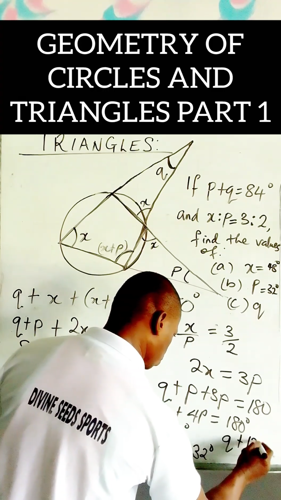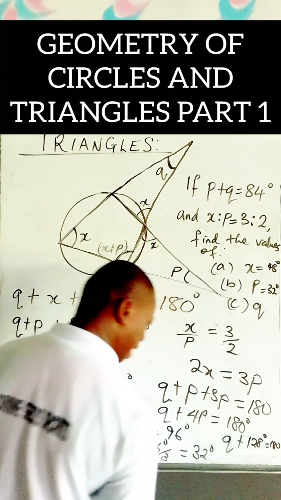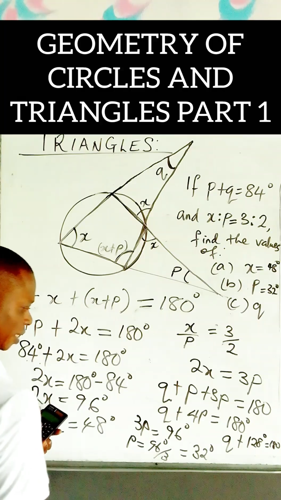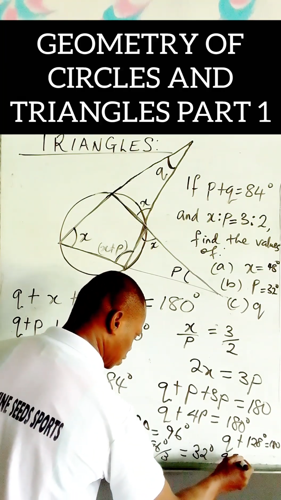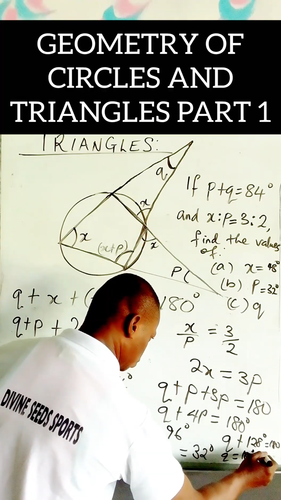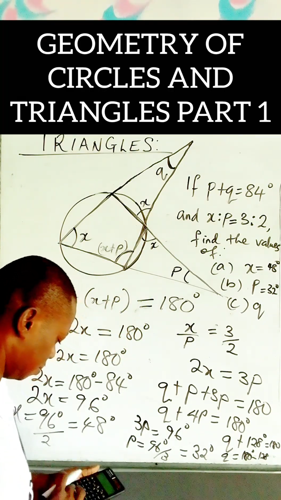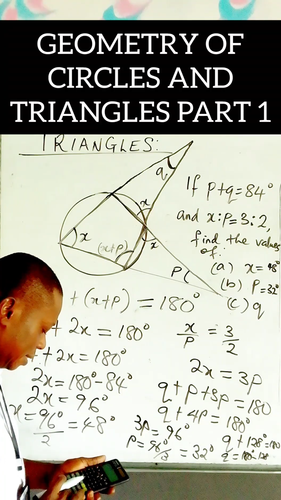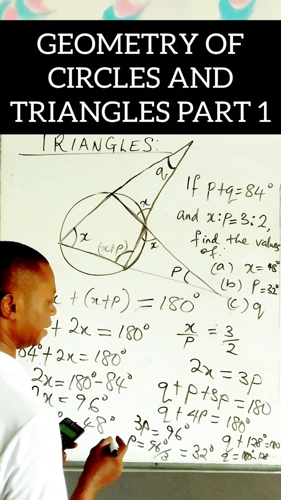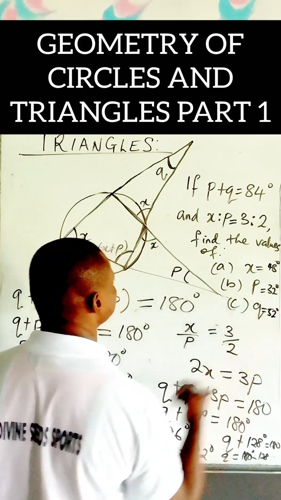So Q plus 128 degrees will give us 180. So we can get our q without waste of time. Our q is going to be 180 minus 128, which should give us 52 degrees. So our q is 52 degrees.